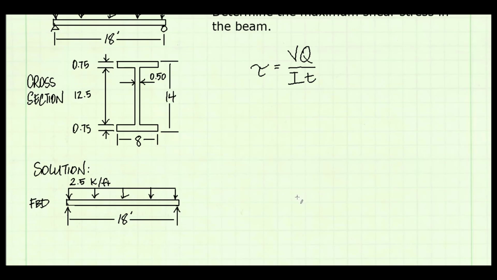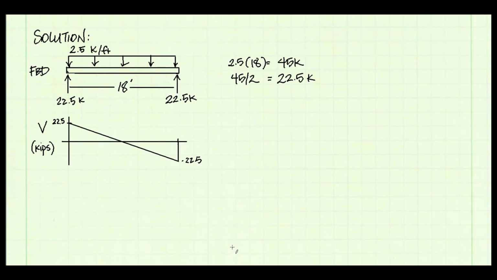The loading on the beam and the supports on the beam are symmetrical, so the two support reactions will be equal. I calculate that they are both equal to 22.5 kips. Here is the shear diagram for the beam. I can see that my maximum shear force in the beam is equal to the support reaction, 22.5 kips.